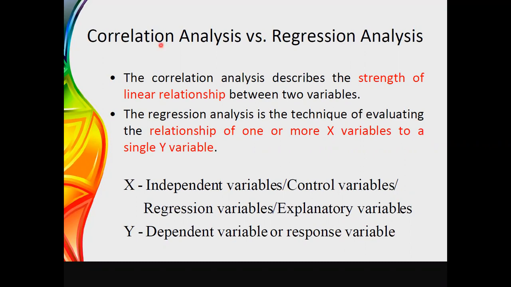Using the scatter plot, we identified whether there is a linear relationship among the variables. If it suggests a linear relationship, then we can perform correlation analysis to measure the strength of the linear relationship between the two variables.